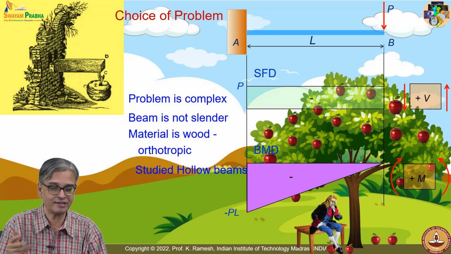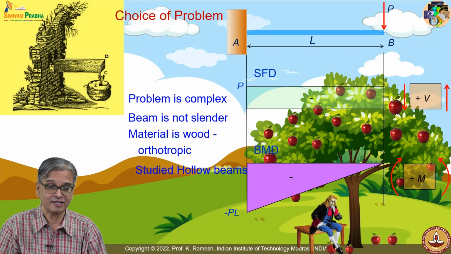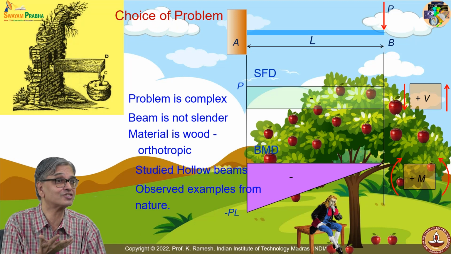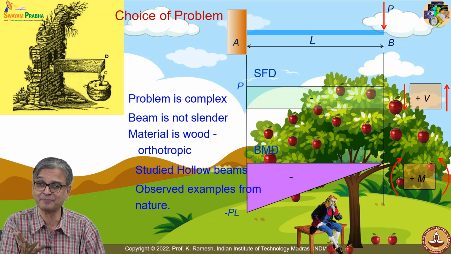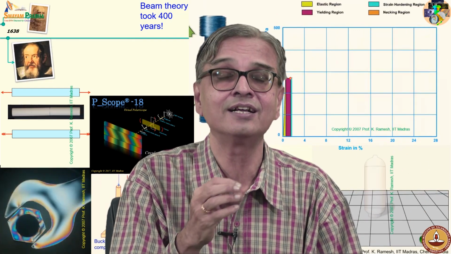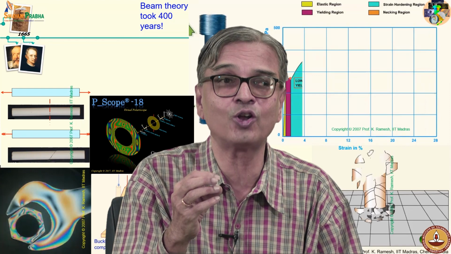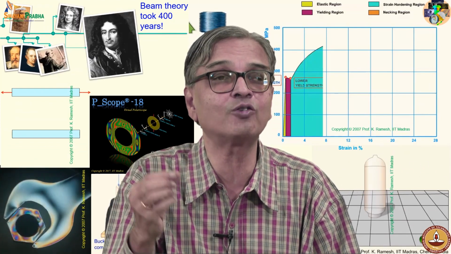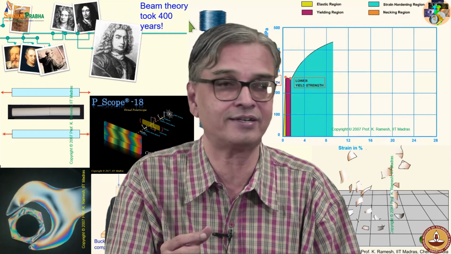So, he wondered that hollow beams can be stronger. Nature has taught us, but no explanation at that time. But when you say hollow beam, what you have to compare is what is the cross sectional area of a hollow beam and what is the cross section that you make out of the same material as solid.